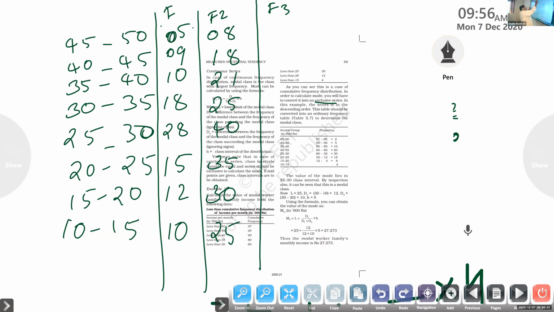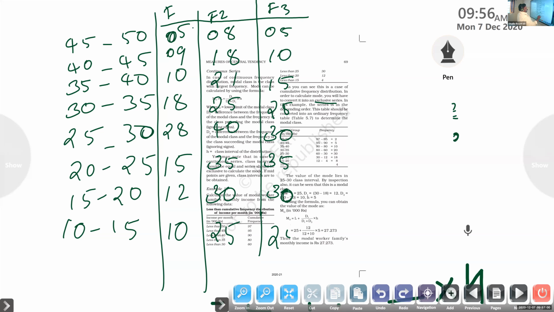Frequency 3: 5, 10, 15, 25, 30, 35, 30, 25.